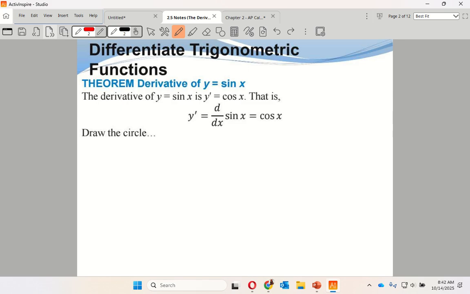Right now on your notes, you're not drawing a smiley face or whatever it is that you're currently drawing. So draw a circle. On the top, you're going to put sine. On the bottom, you're going to put negative sine.